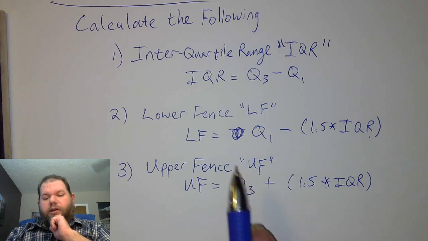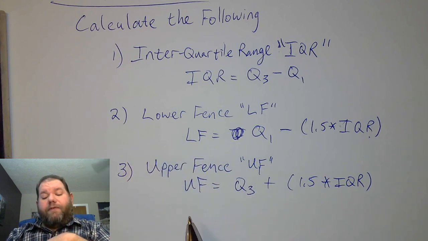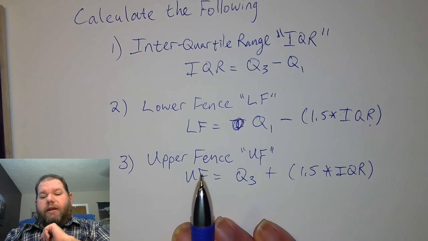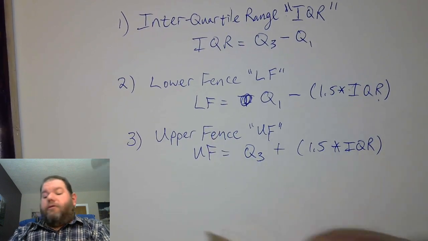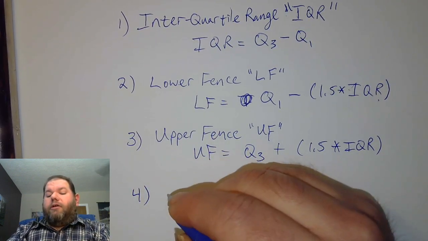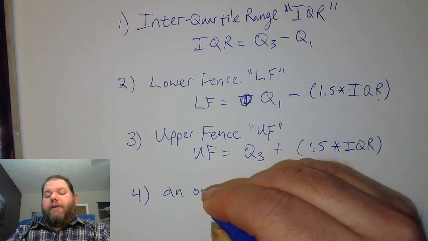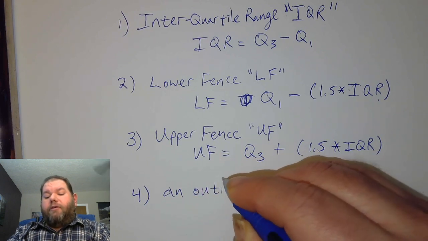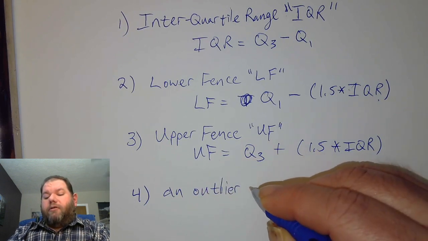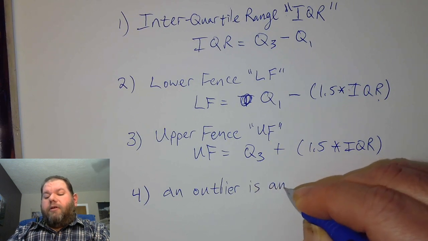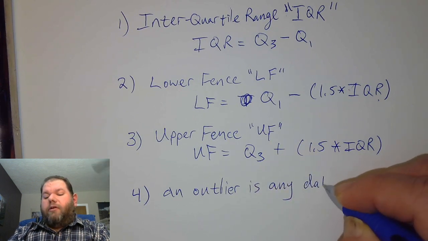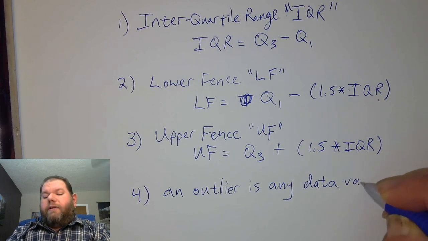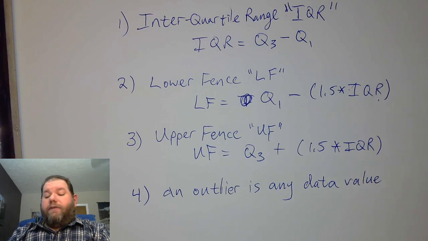So now we have a lower fence and an upper fence. The way that we define an outlier is any data value that is not between the two fences.